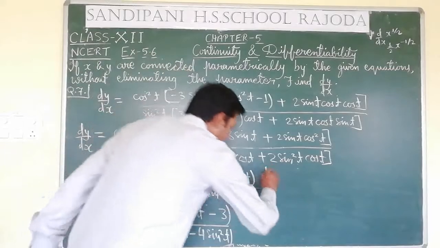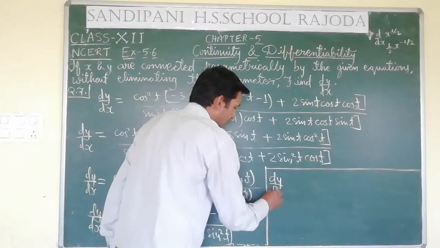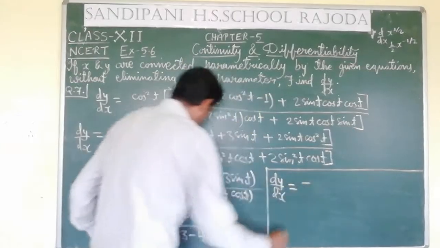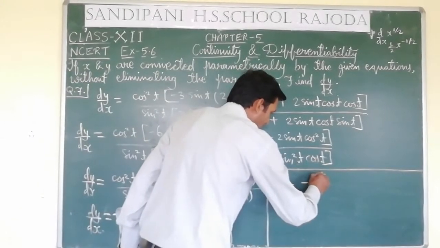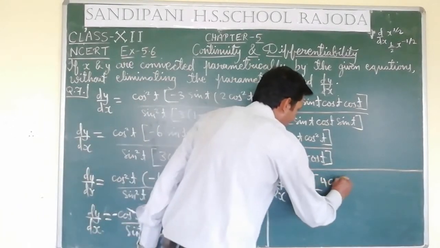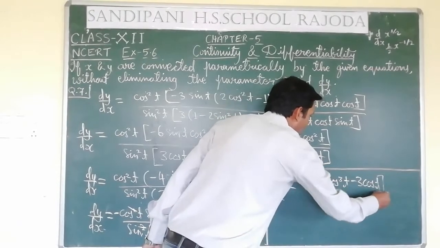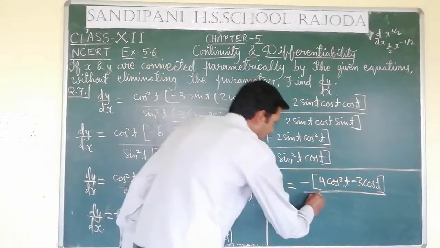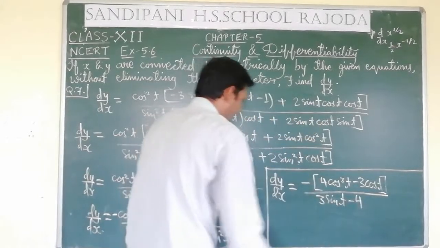Now dy by dx is equal to minus, and if we multiply this cos t inside the bracket, this will become 4 cos cube t minus 3 cos t, upon, in denominator it is 3 sin t minus 4 sin cube t.